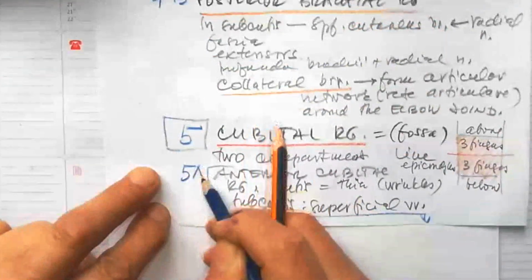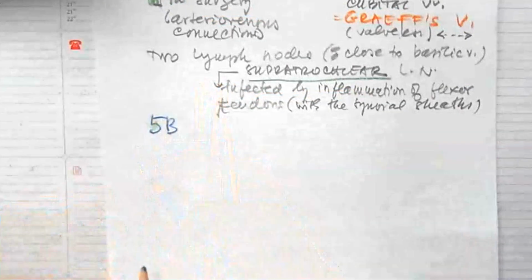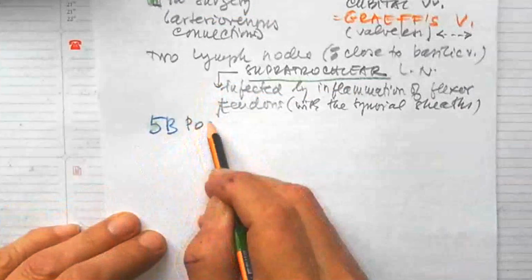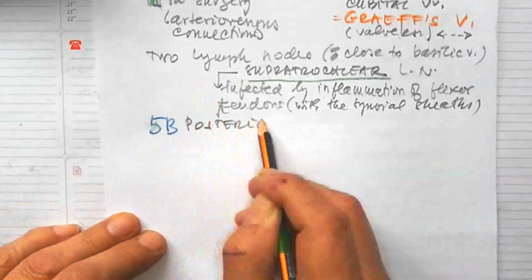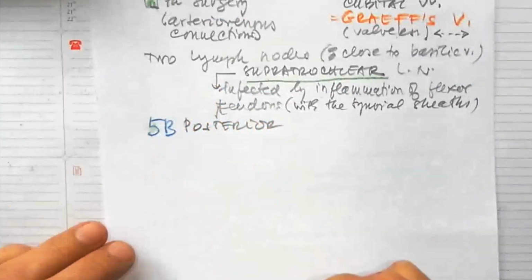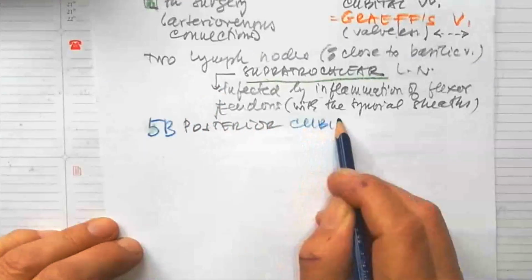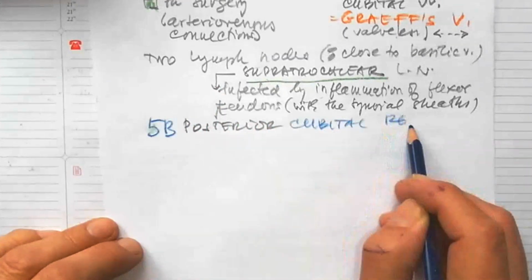I have mentioned anterior. Sorry, I just forgot to place 5A and then 5B, because everything must be in order. This is called posterior cubital area, cubital region, that's it.